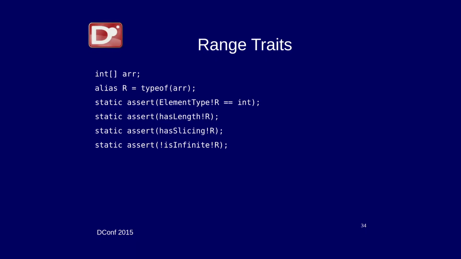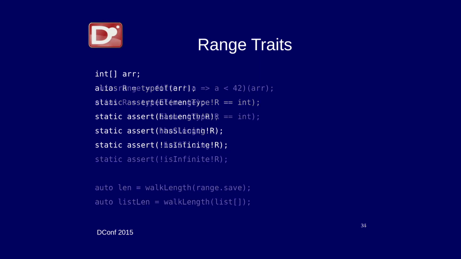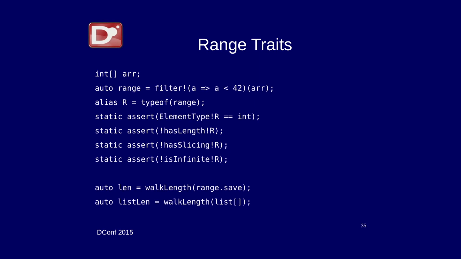As a quick example, with an integer array, the element type is int, it has length, it has slicing, and it's not infinite. On the other hand, if we passed such an array to filter, which is then going to give you only elements from that range that pass the predicate, in this case less than 42, that's still an element type of int, because the type didn't change with this one.